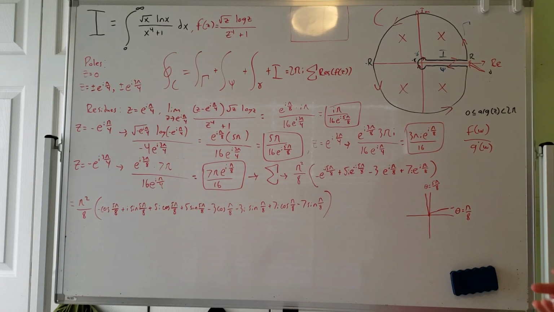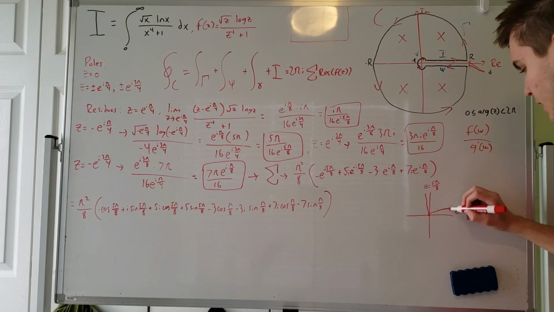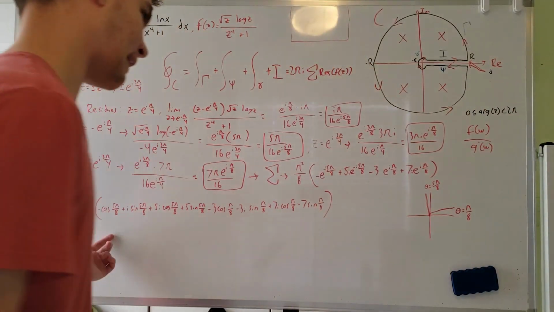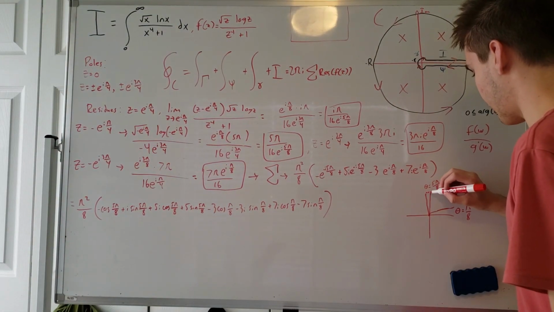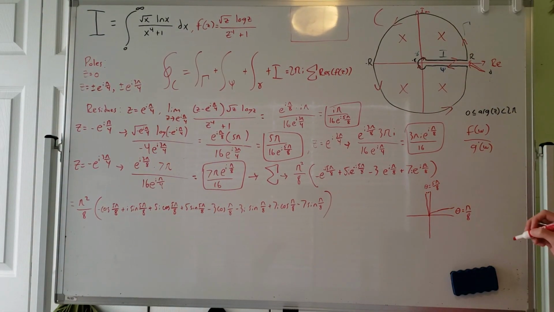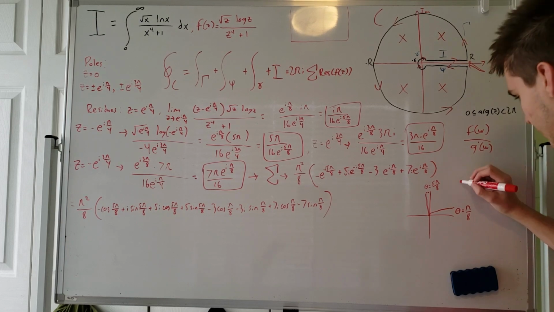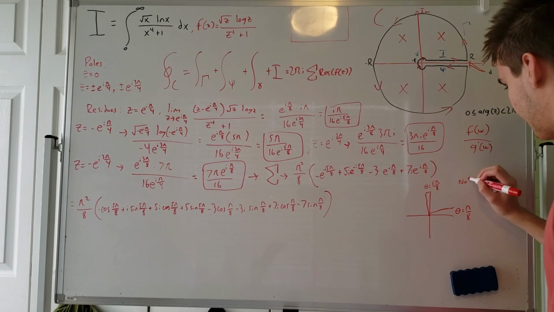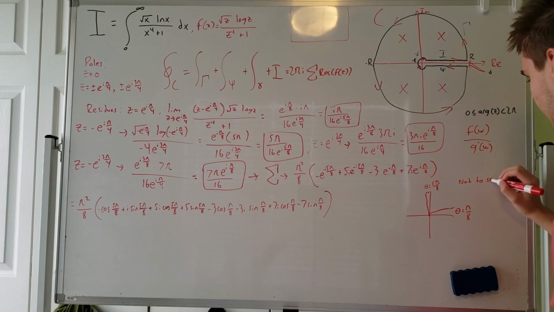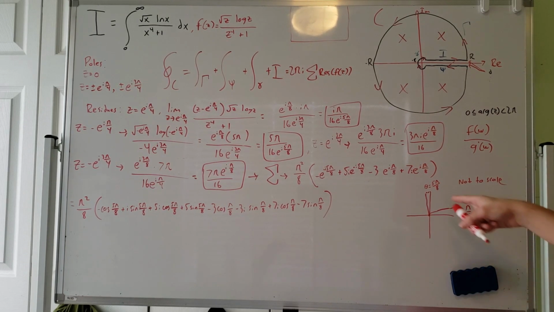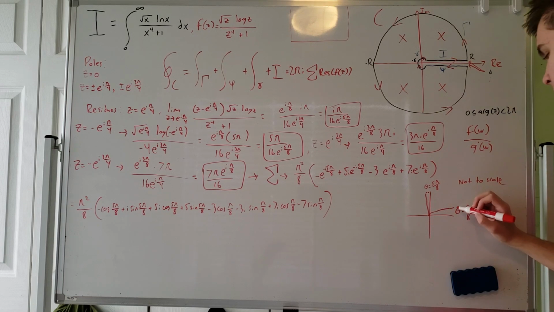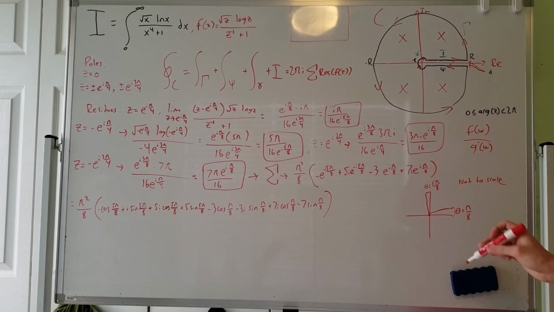Okay, so when we take the cosine of 5 pi over 8, as we have here, that means we're looking for this horizontal distance, which, not drawn to scale, this x value is going to be the same as the y value when theta is just pi over 8.